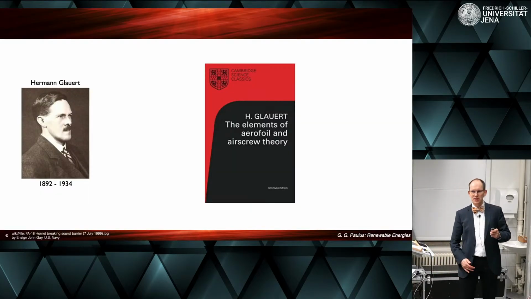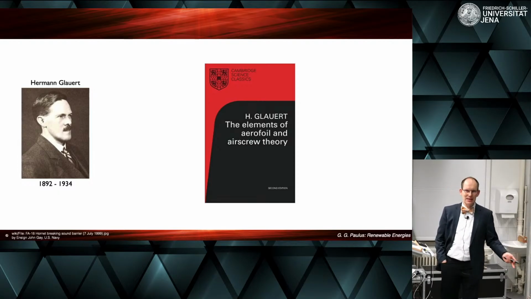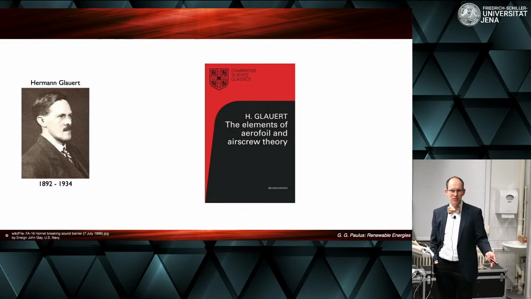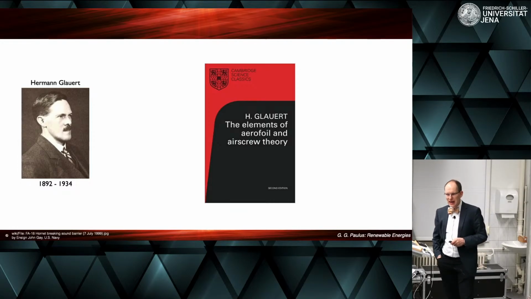So this is not Schmitz, this is Hermann Glauert. Perfectly German name, but he was actually British. His parents emigrated to the United Kingdom. They produced silverware, if I'm not mistaken. And he was actually not too happy about his German origins, in particular, of course, not during war times when he pretty much started his career.